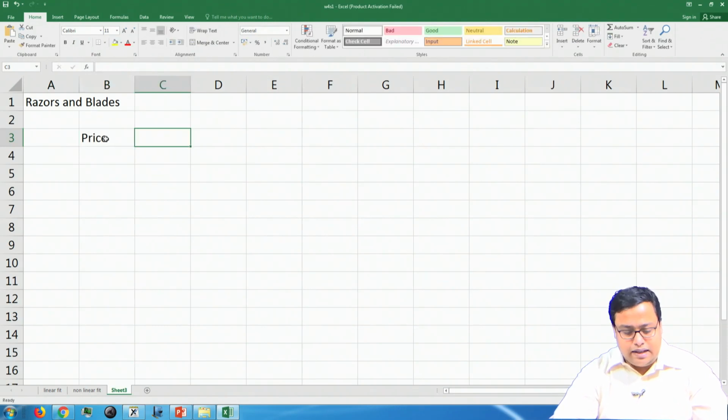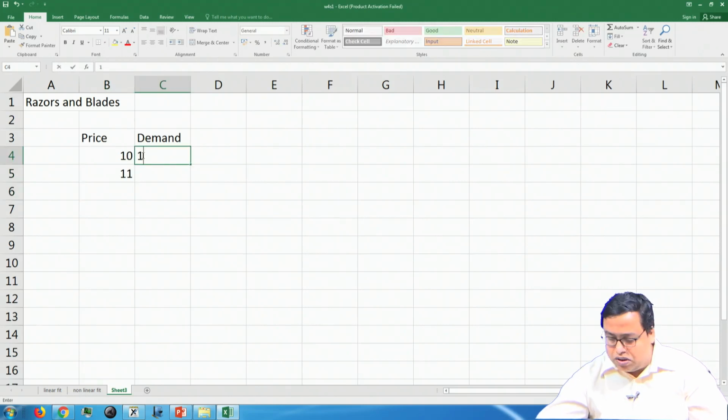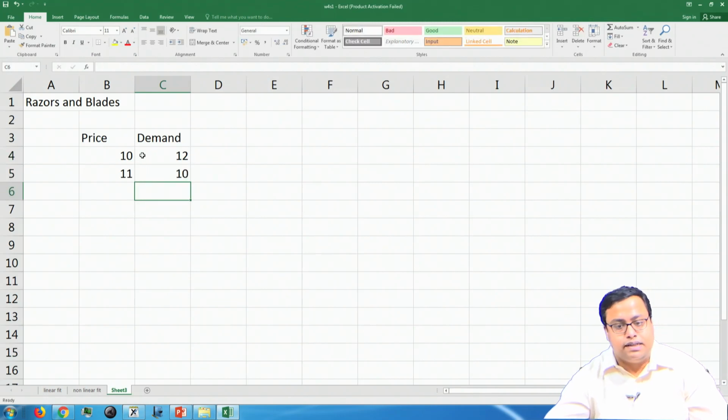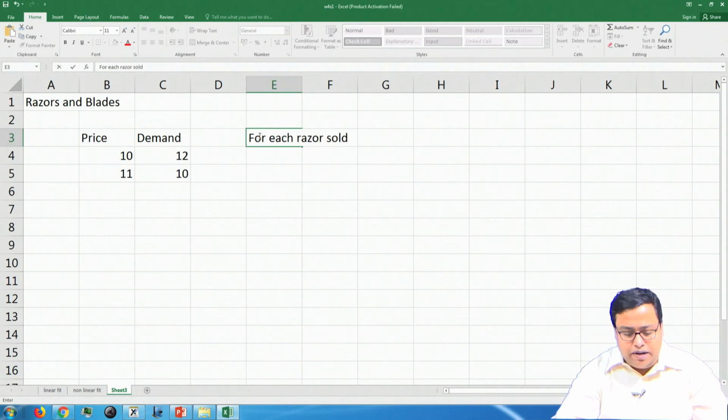So, let us say the demand and price are like this: 10, 11, 12 and 10, something like this is the demand for the razors. And correspondingly, for each razor sold, how many blades will be sold?